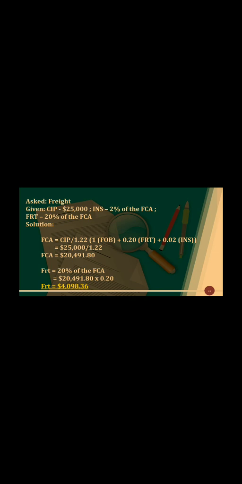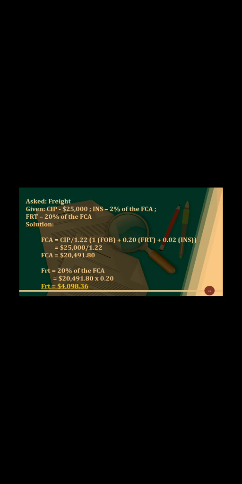In order to get the FCA, we need to divide CIP by 1.22. 1.22 because it came from the 1 as per 100% for FCA plus 20% of the FCA, which is 0.20, which is the freight, plus the 2% of the FCA, which is the insurance, and that would be plus 0.02, so a total of 1.22.